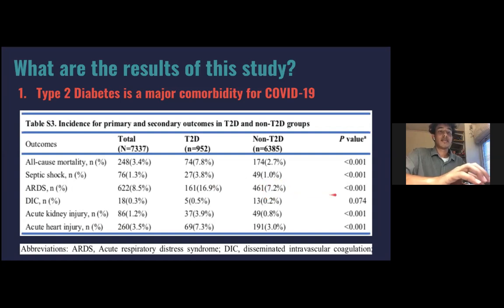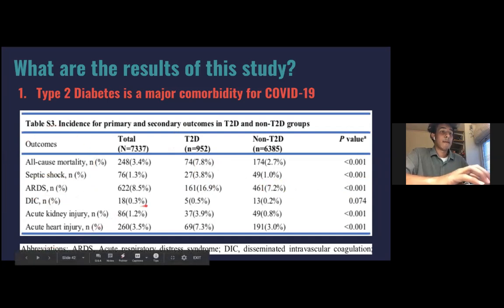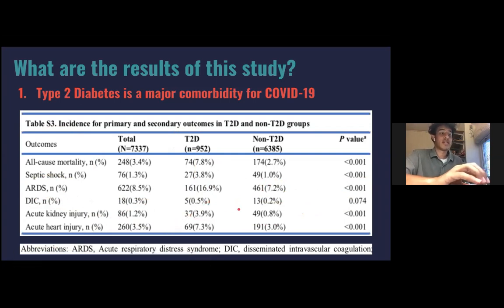And this result, when applied to a significance test, had a p-value of below 0.1%, which again means that we can correlate having type 2 diabetes with a higher rate of ARDS. And this is true pretty much for all of these outcomes, except DIC, which stands for disseminated intravascular coagulation.